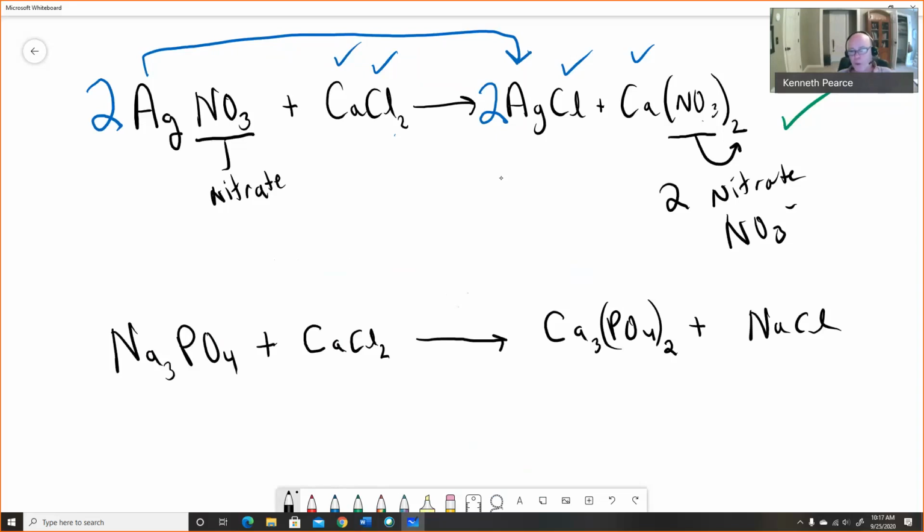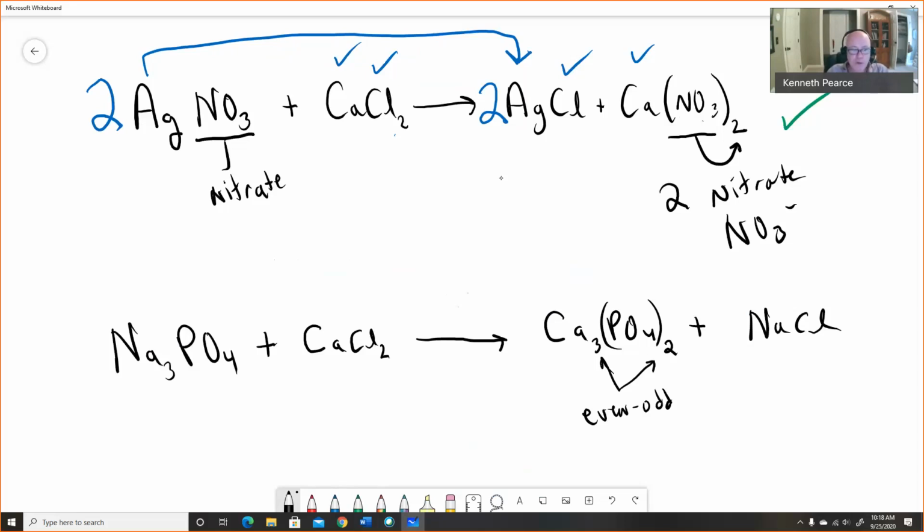One of the things that can happen here is that you have, once again, an even and odd situation. This is even, odd. And just like we did crossing charges, we're going to have to cross back over, and let's see what we can do here.